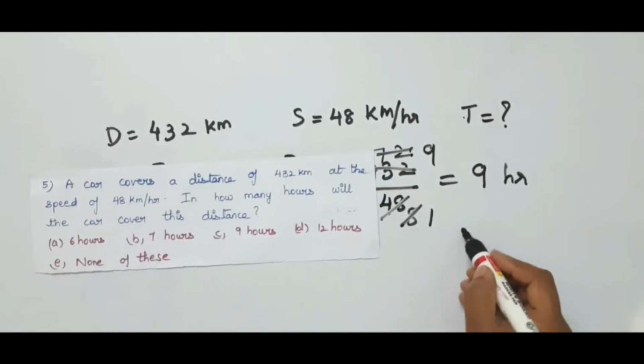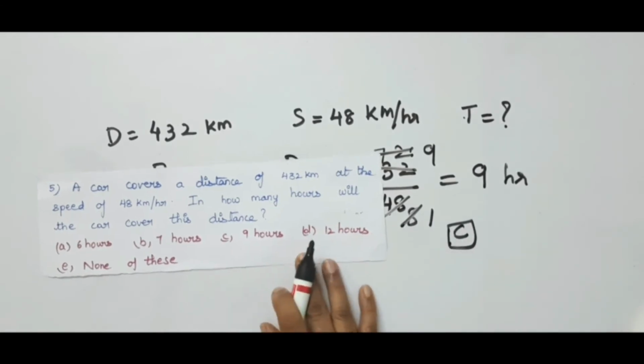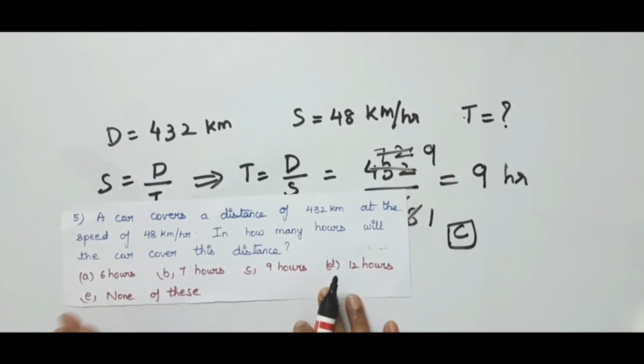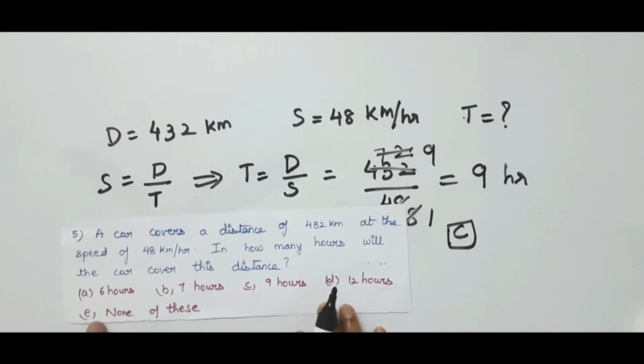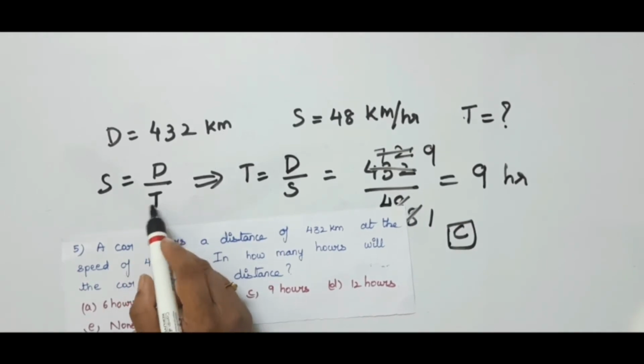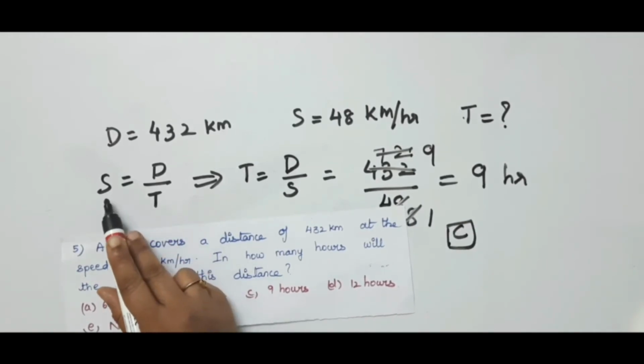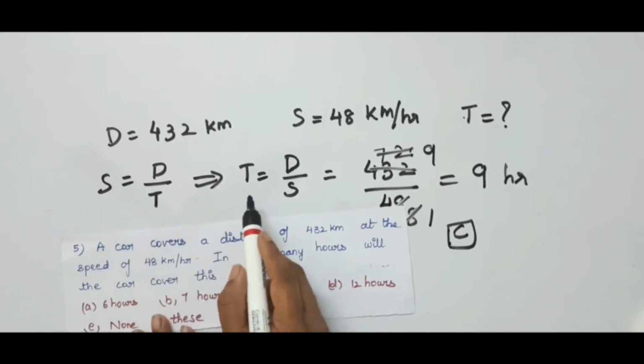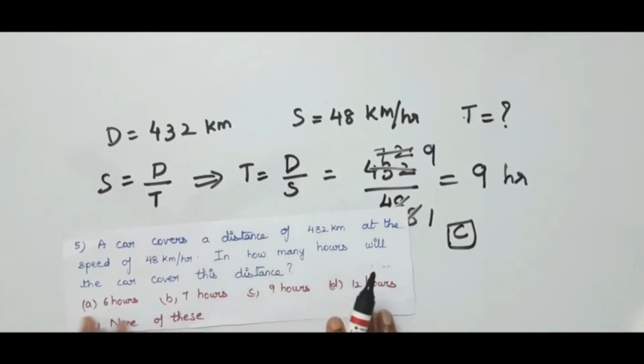It is option C. So first observe in the question what they have given and what we need to find. In this problem they have given the distance and speed and asked for the time. We have a relation between distance, speed and time, that is speed is equal to distance by time. As we need time, I have taken time to LHS and speed to RHS. Then we got the relation time is equal to distance by speed.